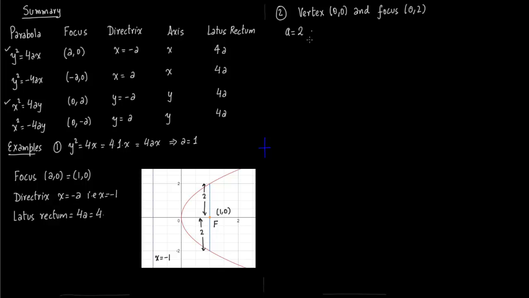You write x square is equal to 4ay. Notice that the focus lies on the y-axis and the equation is from the third row, x square is equal to 4ay. So just plug in the value of a. So you get x square is equal to 8y. So this is the equation of the parabola.